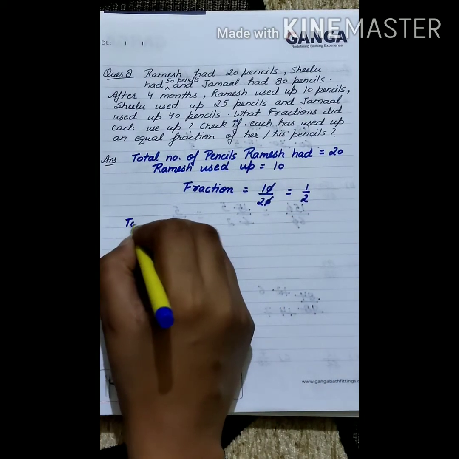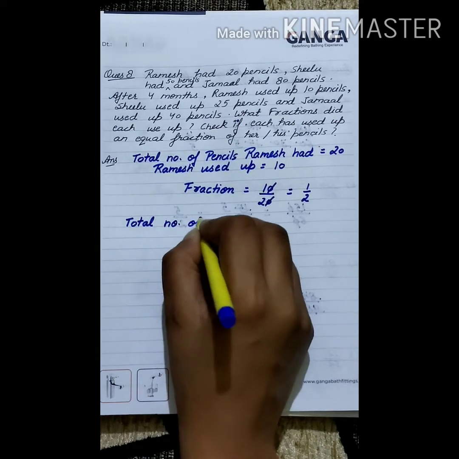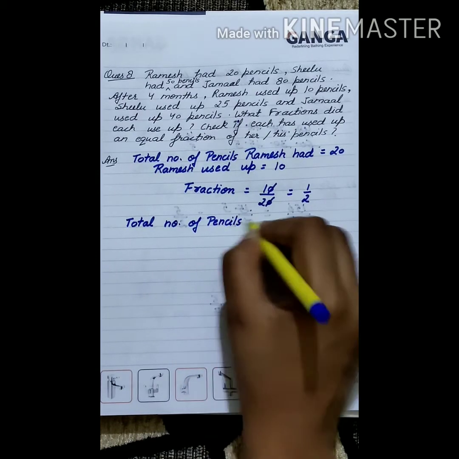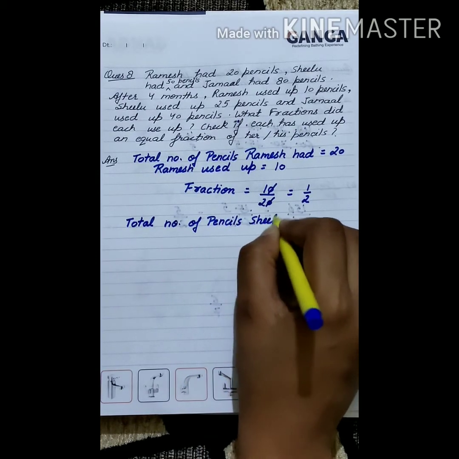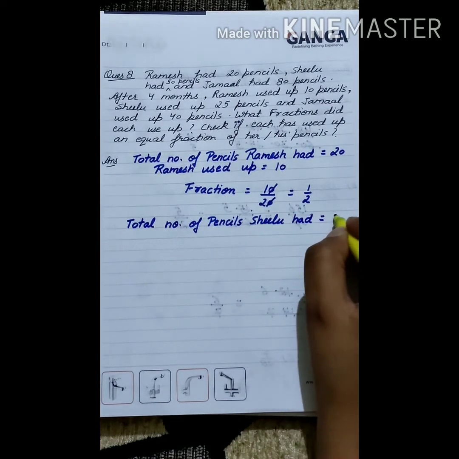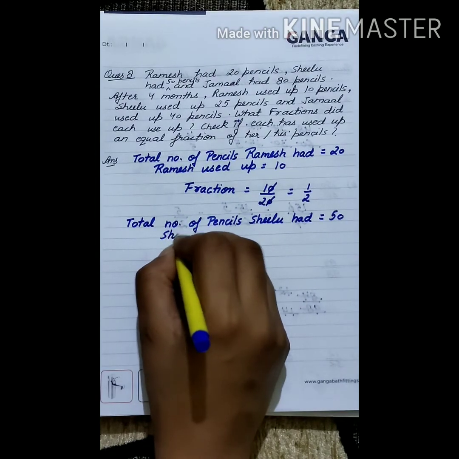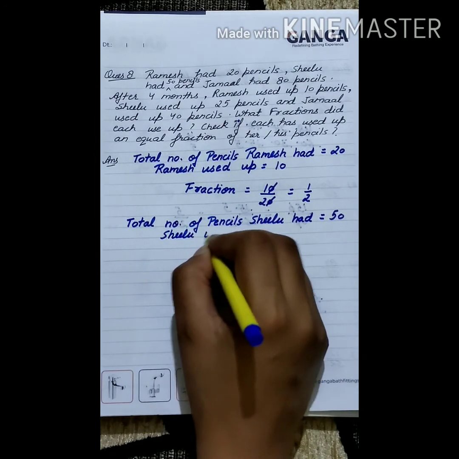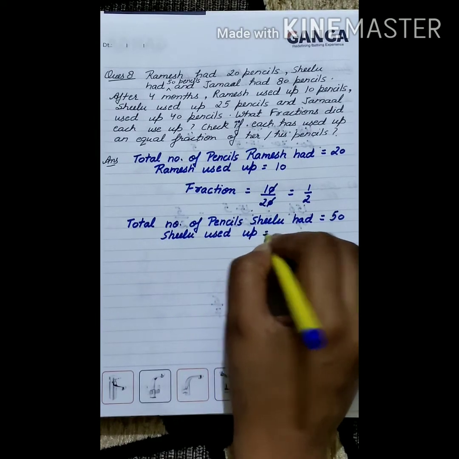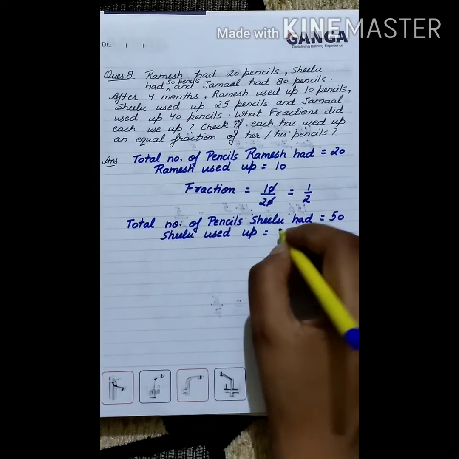Second, total number of pencils Sheelu had is 50, and Sheelu used up how many pencils, according to the question, that is 25.